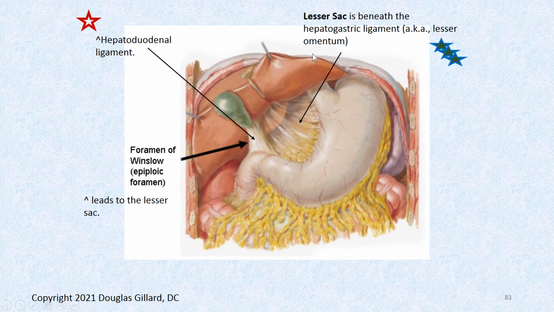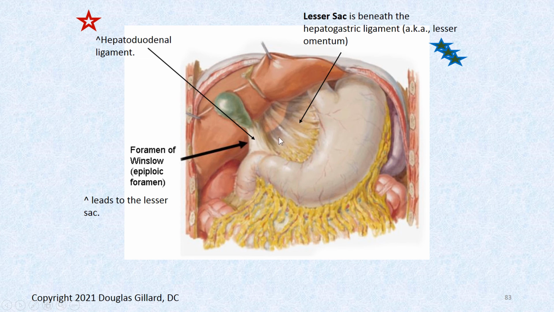All right, the foramen of Winslow, remember that? This hepatoduodenal ligament and the hepatogastric ligament together, this is the lesser omentum. And if we go beneath that, that's the lesser sac underneath that. In fact, when you're doing a cholecystectomy, when you're cutting out the gallbladder, surgeons have to reach underneath this lesser sac and through the foramen of Winslow here to pinch off the cystic artery.